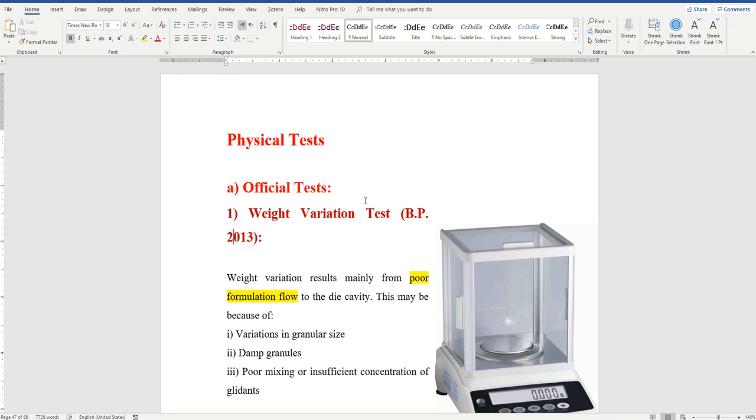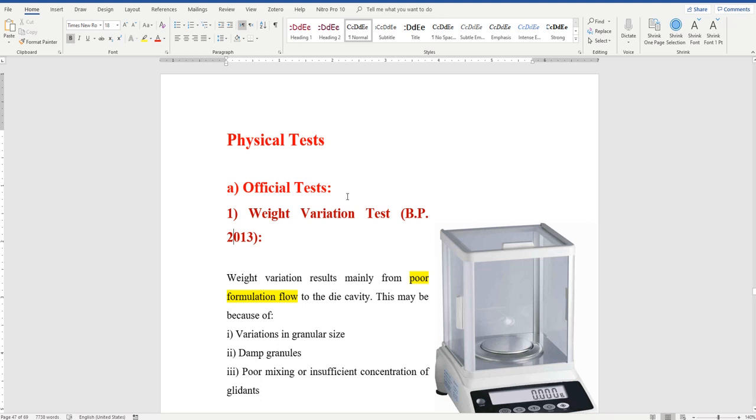And if you remember, in my last presentation, I asked you to go and refer to these tests in the pharmacopoeia. Our library has both the United States Pharmacopoeia 2018 and the British Pharmacopoeia 2018 as well.